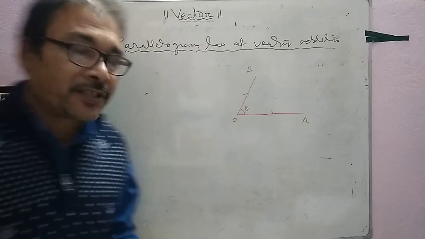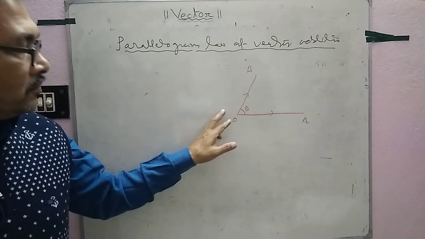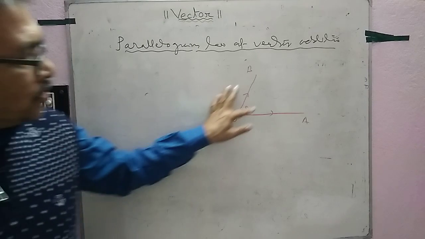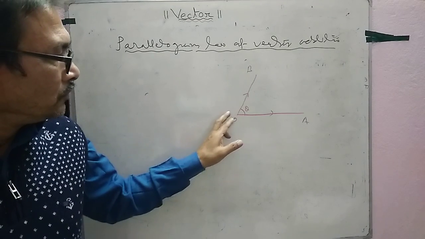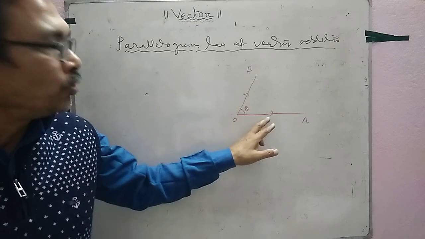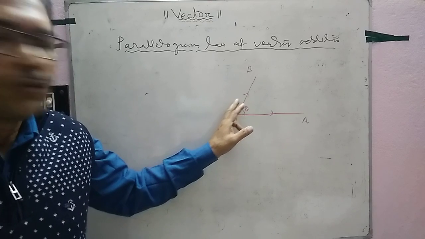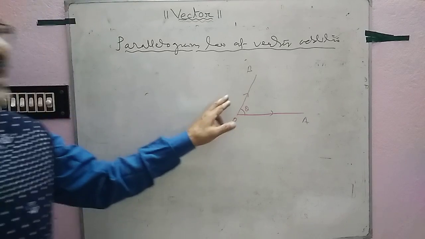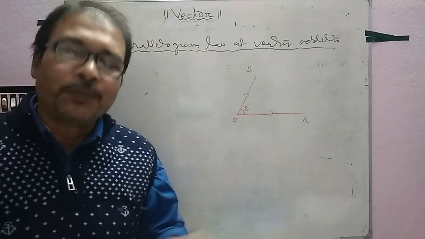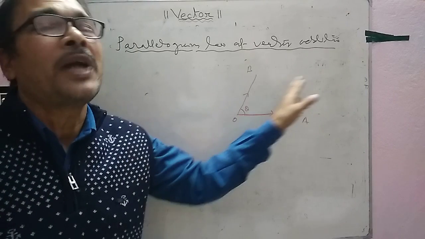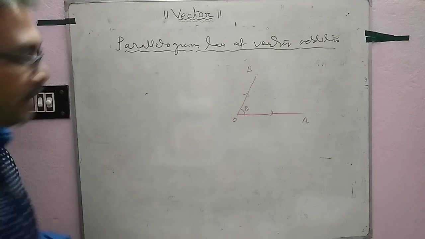If two adjacent sides of a parallelogram represent the two vectors both in magnitude and direction, then the diagonal drawn through that point will indicate the resultant vector.